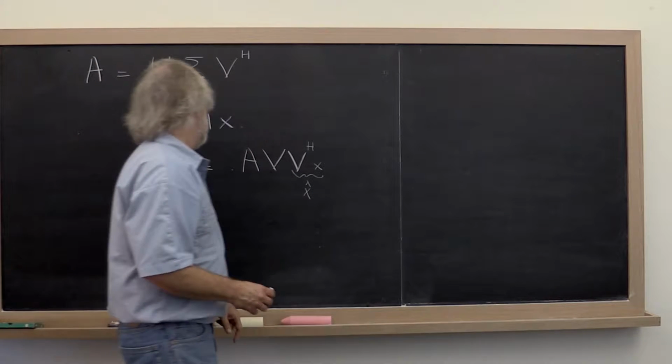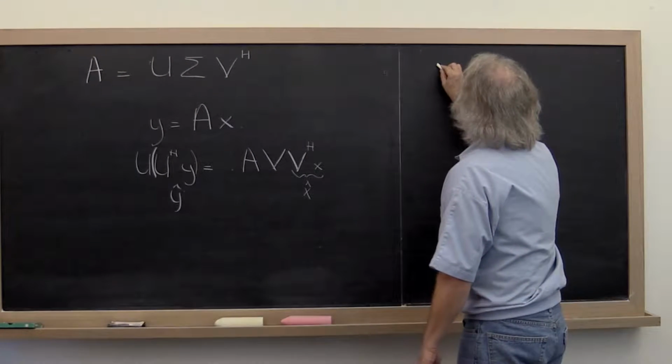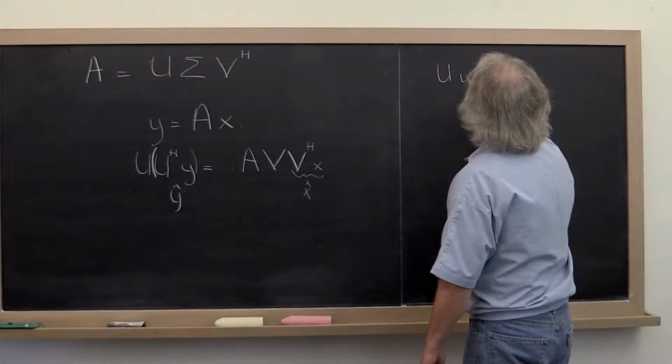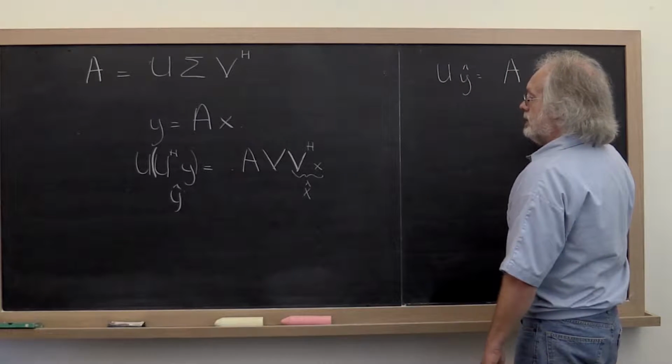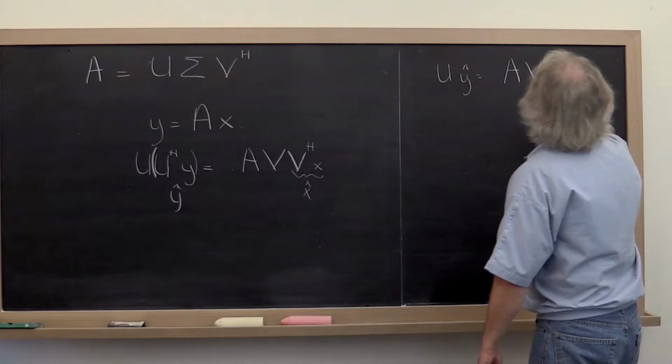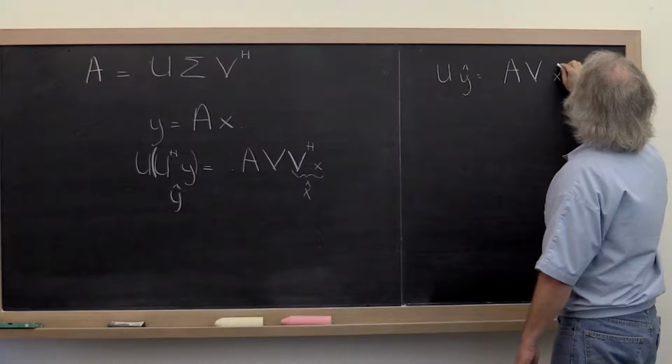So now we have that U times y hat is equal to A times V times x hat.